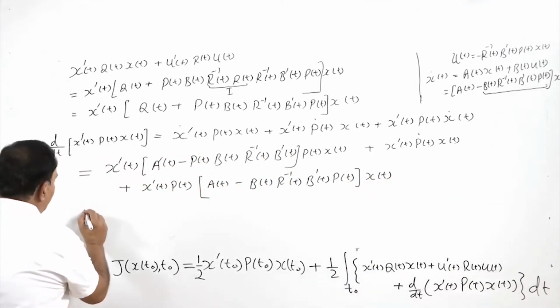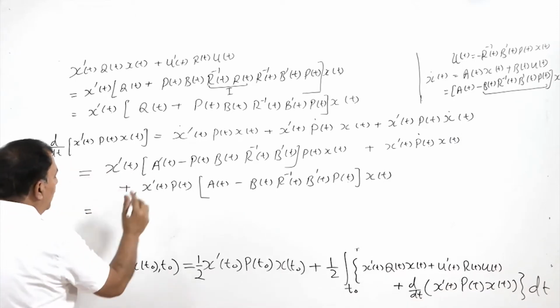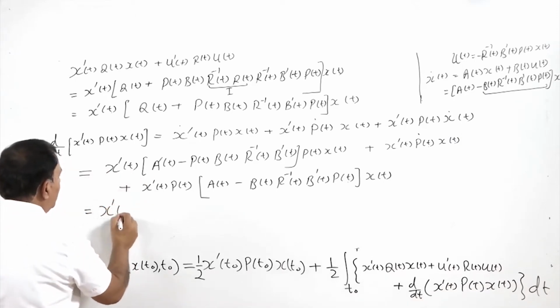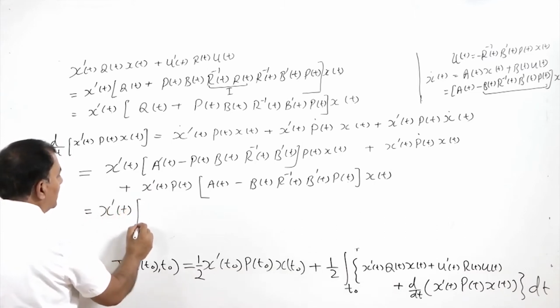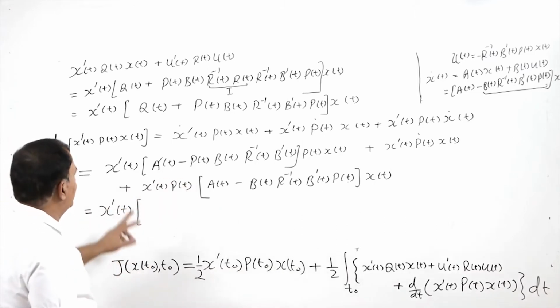Now in the next step we will write the whole expression in between x transpose of t and the last x(t).